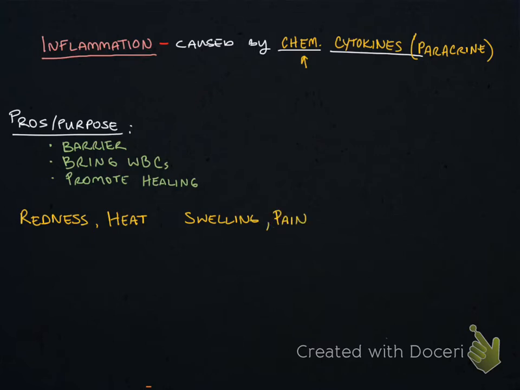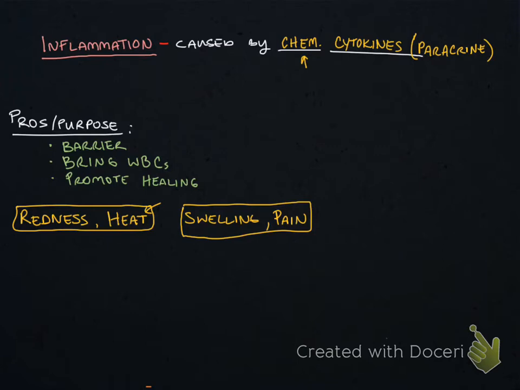Okay, what we'll do is we'll group these two. So we'll put redness and heat together, and then we'll put swelling and pain together. Remember, heat does not equal fever in this instance. So heat is not the same as fever when it comes to inflammation. Okay, so make a note of that. So let's think about whenever we go running and our face gets red.